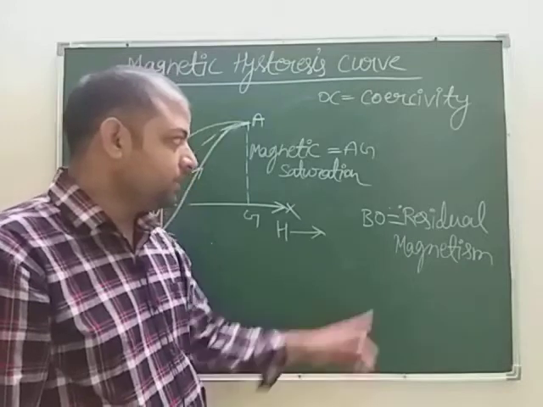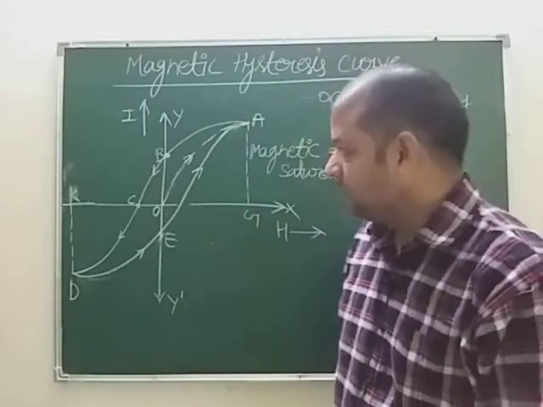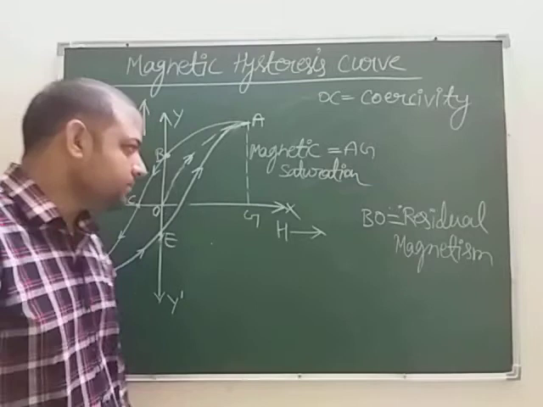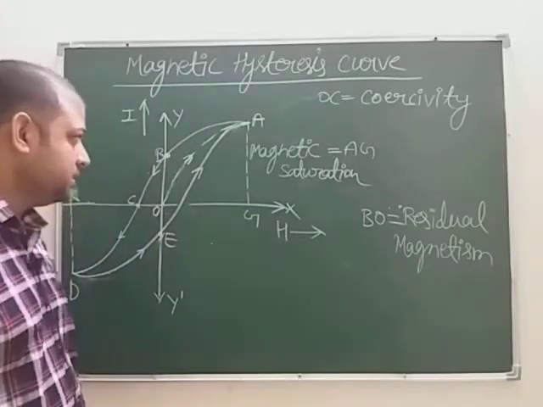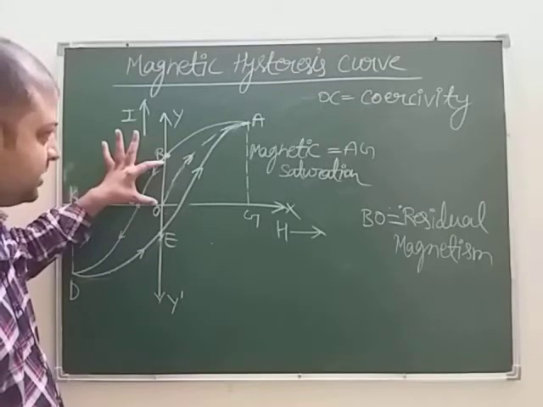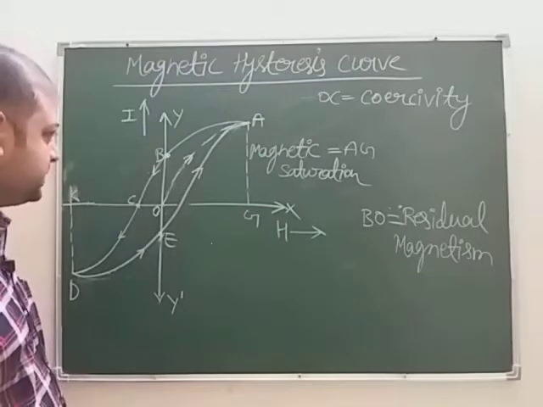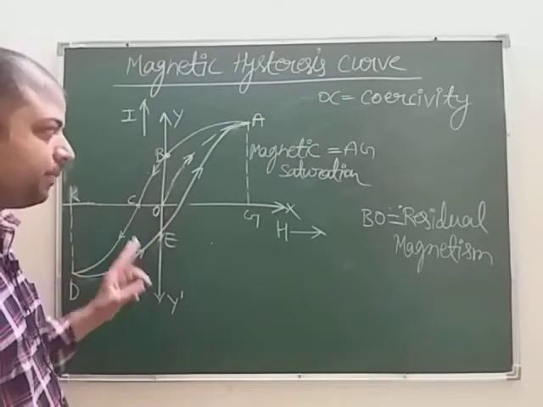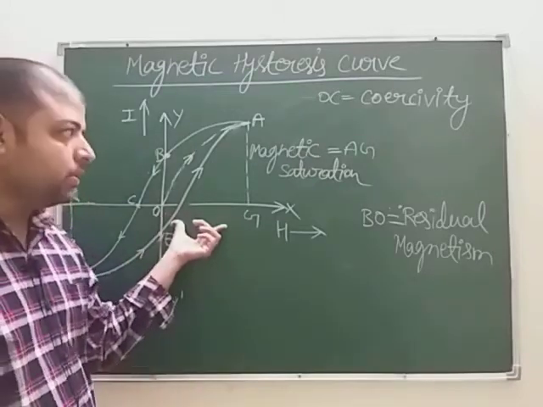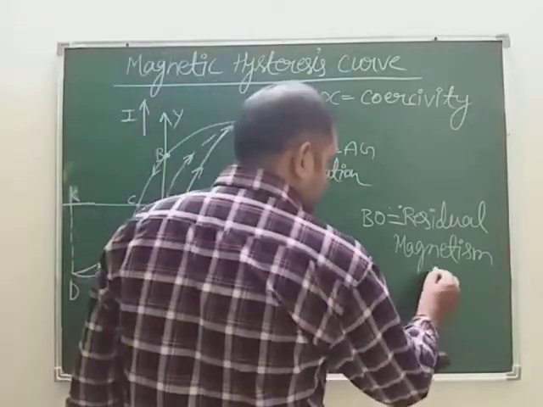First of all, write the heading residual magnetism, and write the definition: the value of intensity of magnetization left behind in the material after the magnetizing field becomes 0 is called residual magnetism. It is also called retentivity.